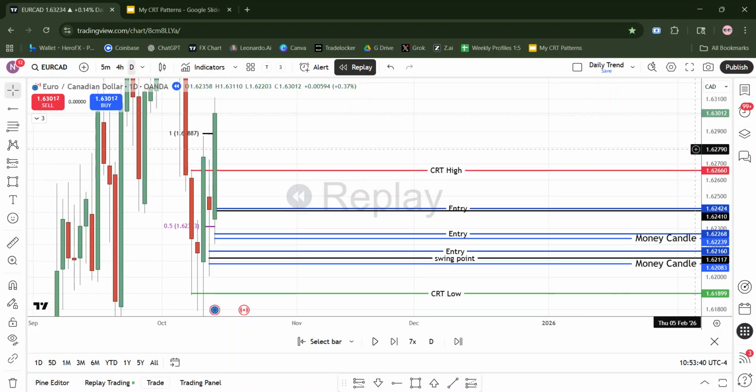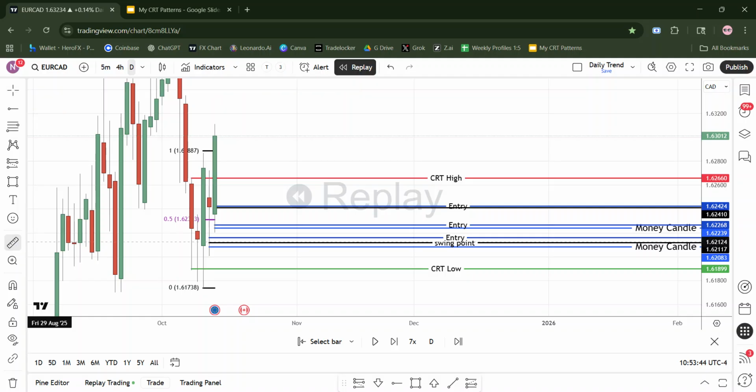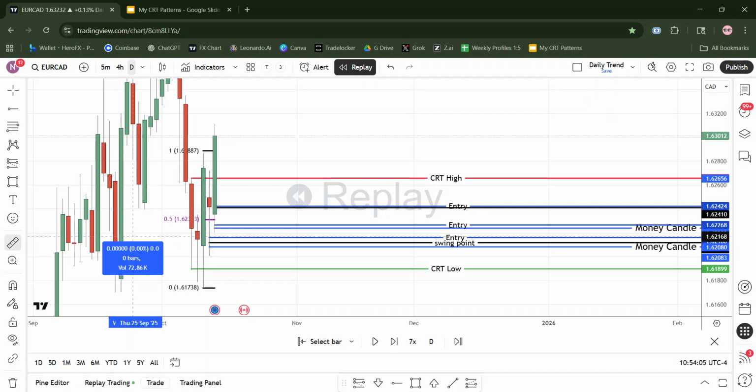And then this first entry here to the top of the range was good for 57 pips. So that was awesome. Another entry on Tuesday would have been good for 50 pips.